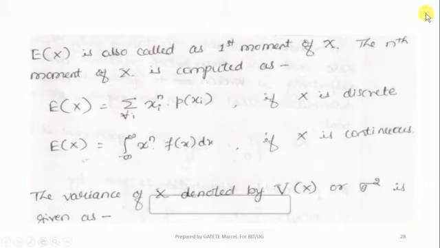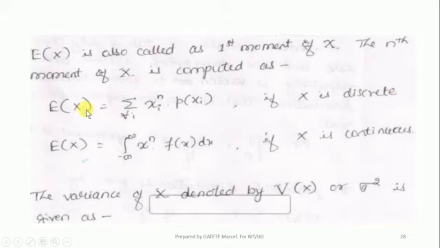So the nth moment of x is computed as, for example, we can have the fourth moment of x. It means the fourth time the value x has appeared. We can calculate it like this. We must have the summation starting from i, it can be 0 till n, of xi to the power n multiplied by pxi if x is discrete.